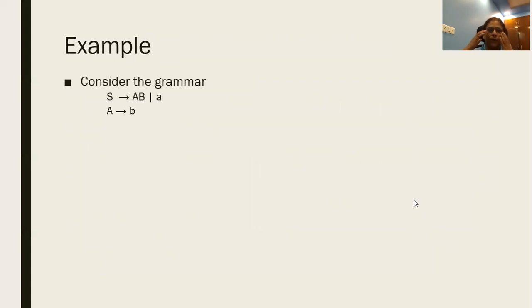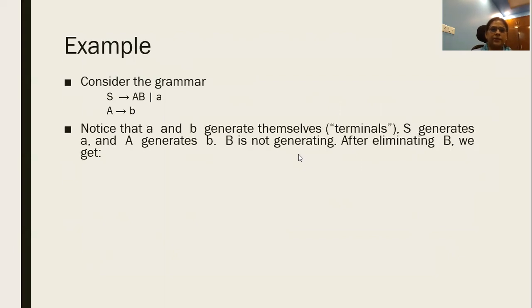We have this grammar: S derives AB, S derives A, and A derives B. If we look at this grammar closely, we will see that A derives B, so A is generating. S derives A, so S is generating.